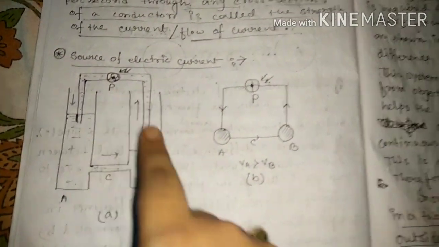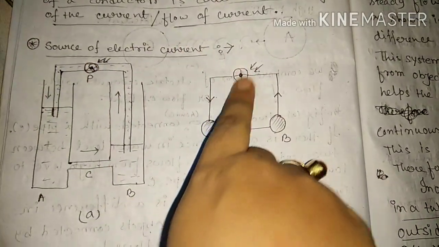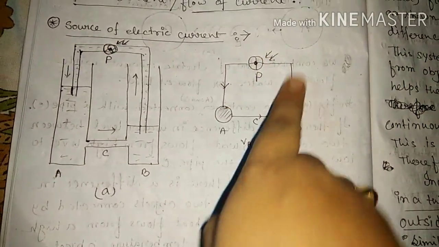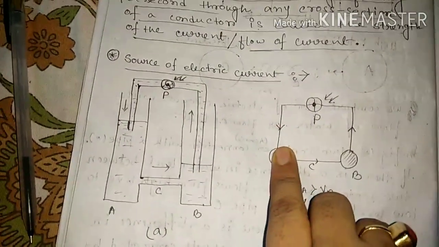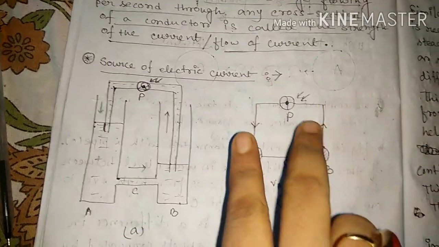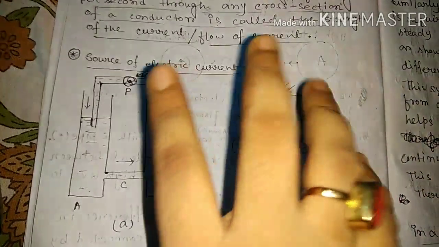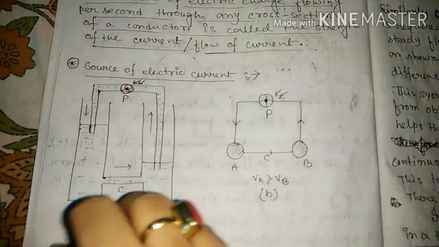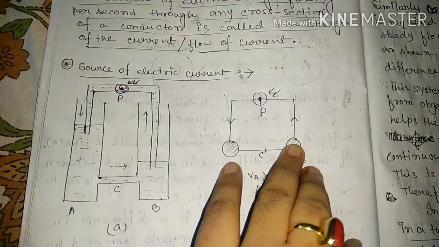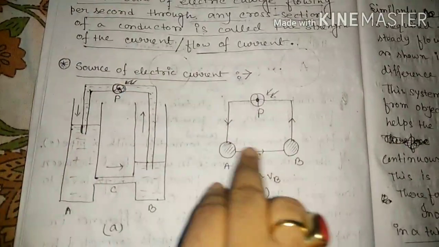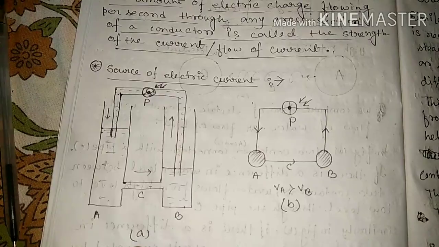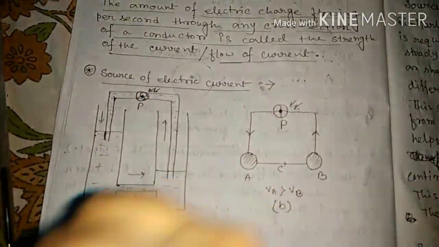Similarly, if we connect a pump-like structure here, any device in between, which continuously extracts or transmits the electric charge from B to A, then a potential difference is always present between A and B. If a potential difference is present, then electric charge continuously flows through the conducting wire C, and we get a steady flow of electric charges.